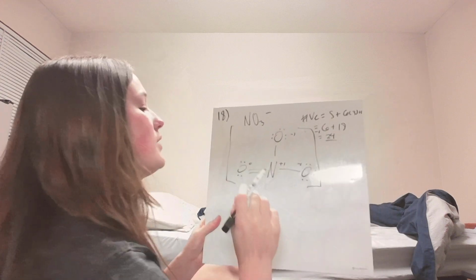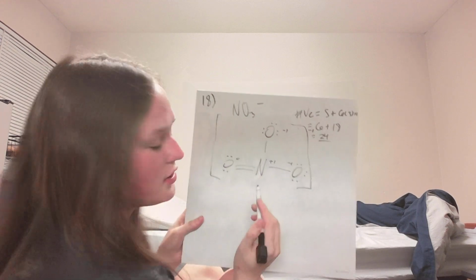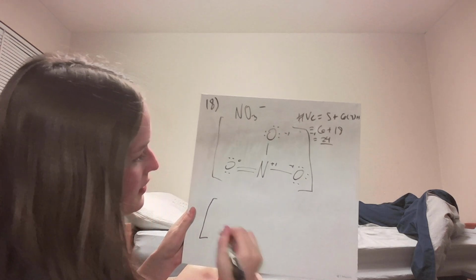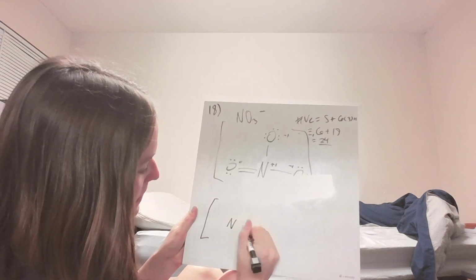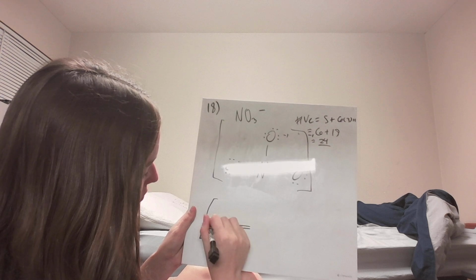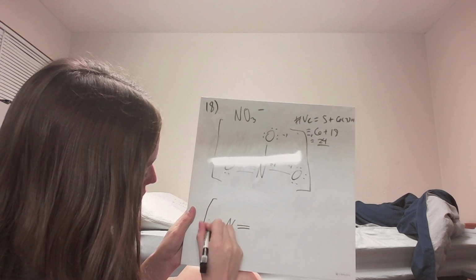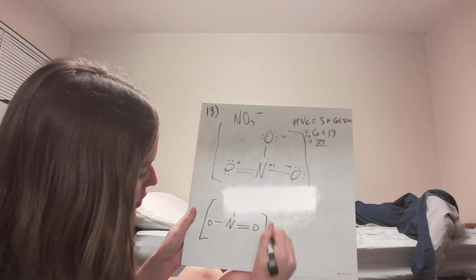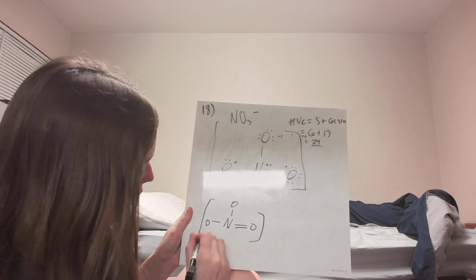So now we need to know how many equivalent resonance structures there are. So I'm going to draw the other ones down here, smaller, because I don't feel like taking up that much space. And since we know what this one looks like, we can draw the other two. I'm not going to draw all the dots because you know what the dots look like.